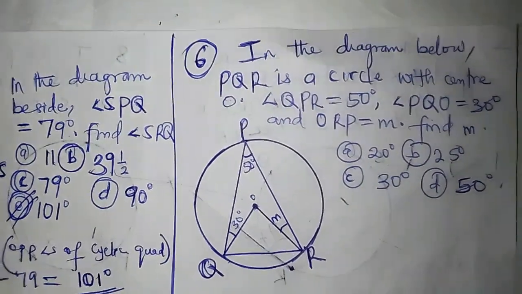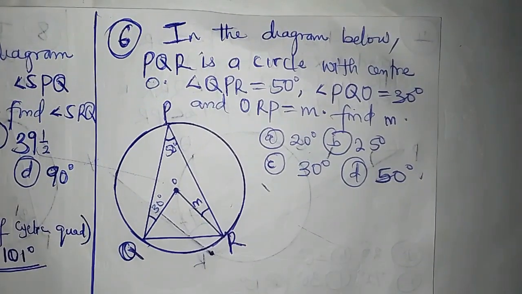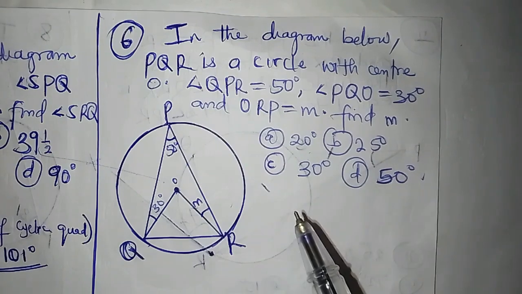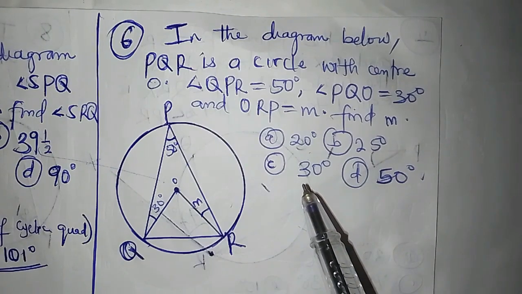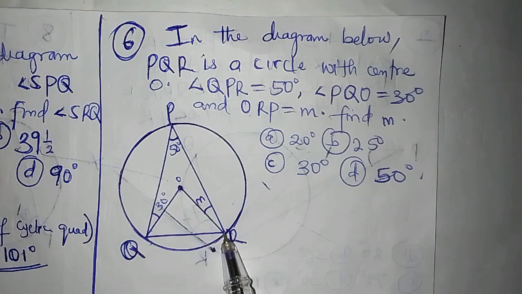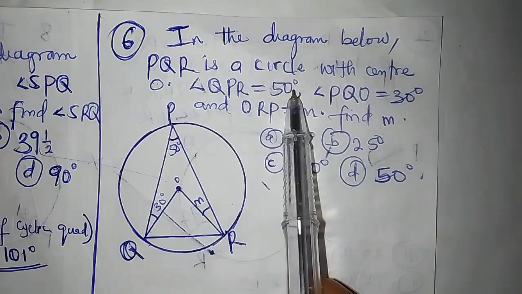Now this is my question 6. Okay, question 6 is, in the diagram below, this is the diagram, PQ arrow is a circle with center O. This is the center. Angle QPR is 50 degrees.